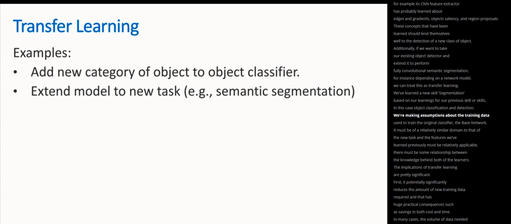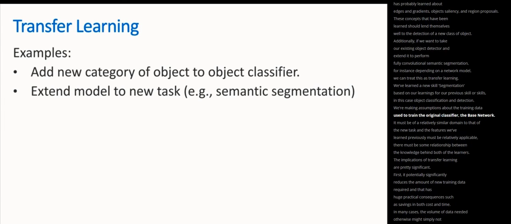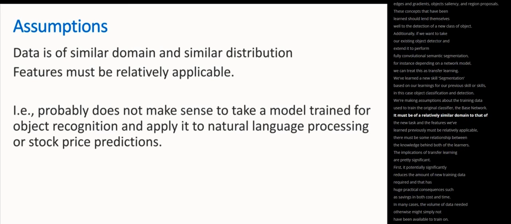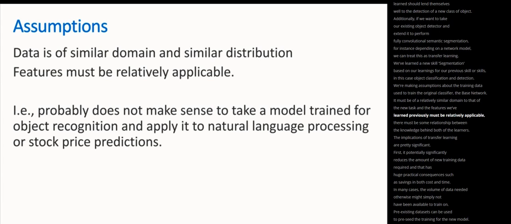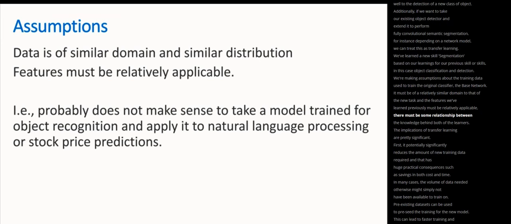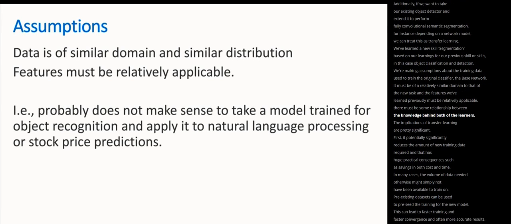We're making assumptions about the training data used to train the original classifier, the base network. It must be of a relatively similar domain to that of the new task, and the features we've learned previously must be relatively applicable. There must be some relationship between the knowledge behind both of the learners.